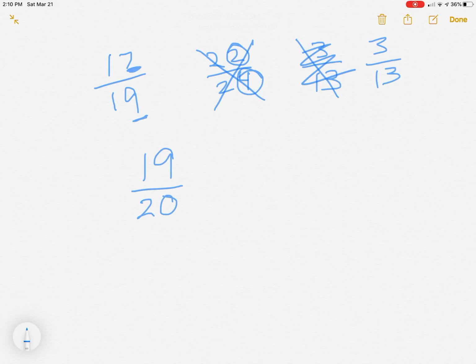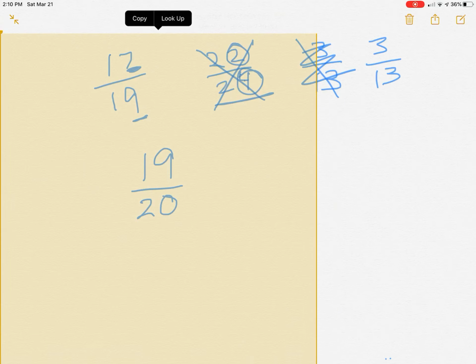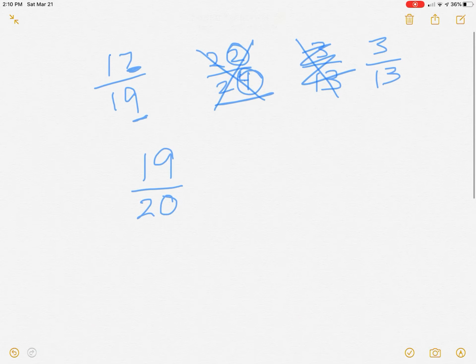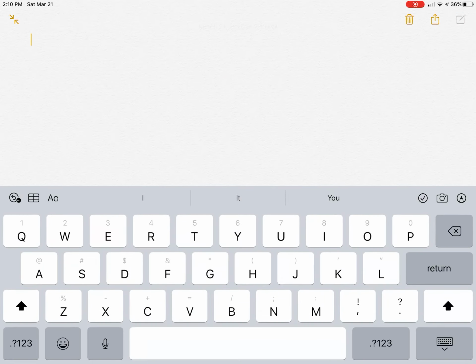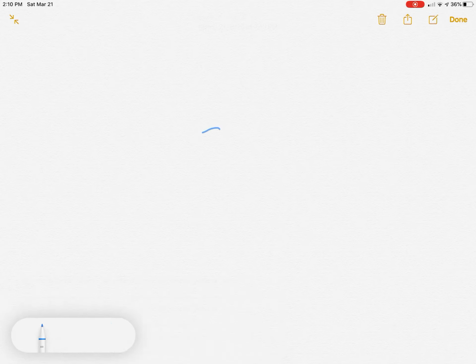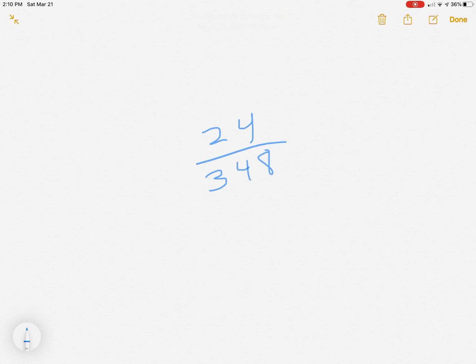If you look at a number and they're both even, you know that it's not simplified. So if you have 24 and, I don't know, 348, you look at those and they're both even, you know you can divide it by 2 at least, so that is not simplified.